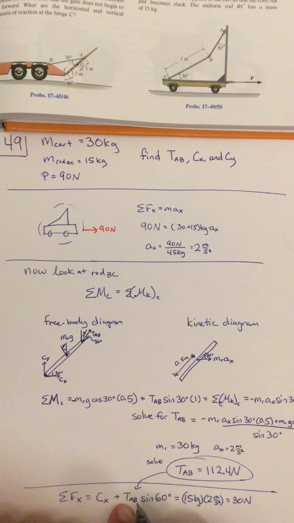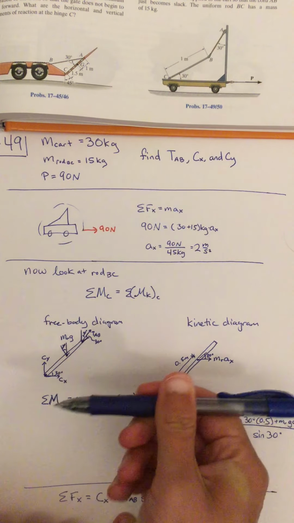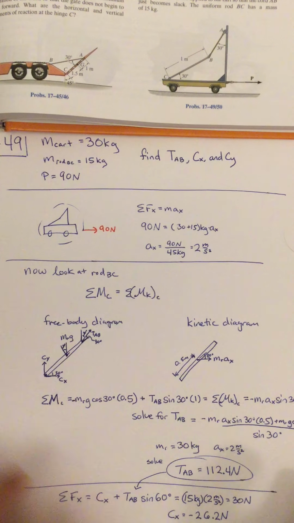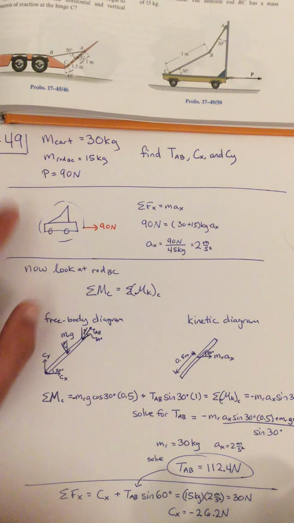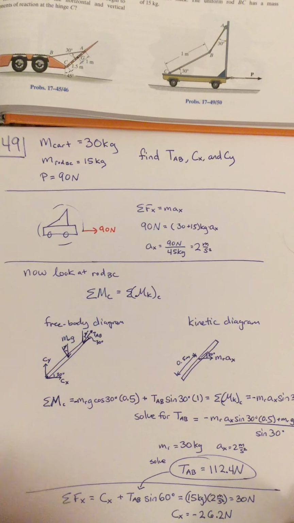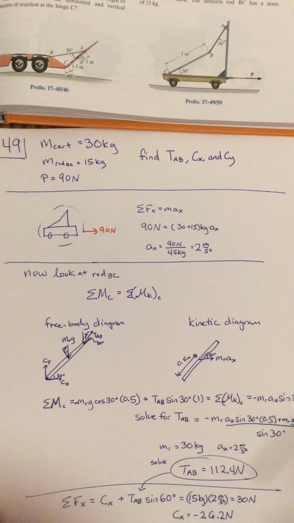That's, well, times sine of 60 degrees is still going to be larger than the 30 that you have here. So for Cx, you're going to get negative 26.2 newtons, which means this component is acting that way. Okay, and if you knew that before and you wanted to say it was acting that way, then you should get something positive when you solve for that.